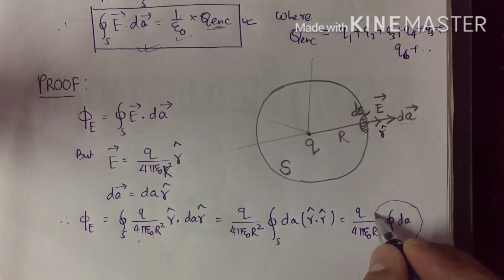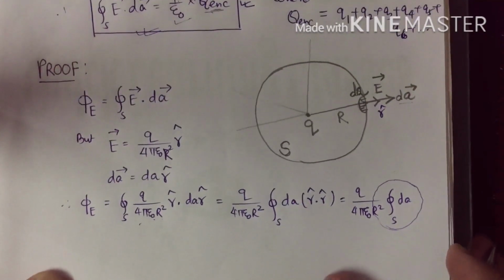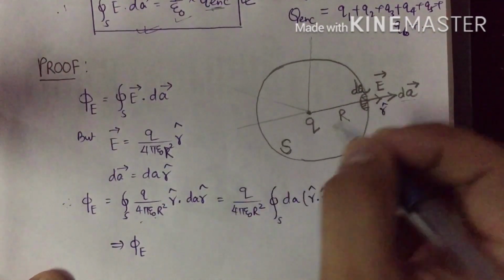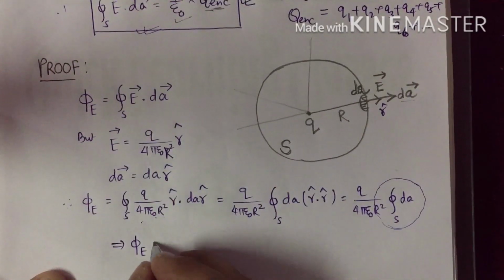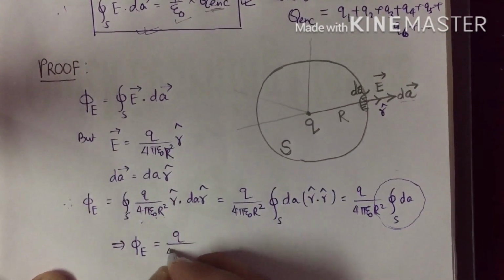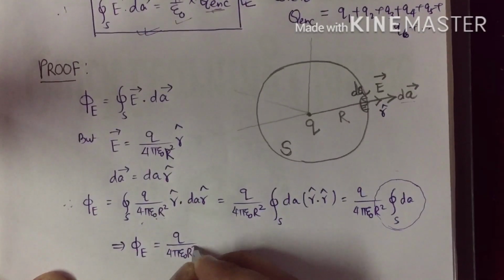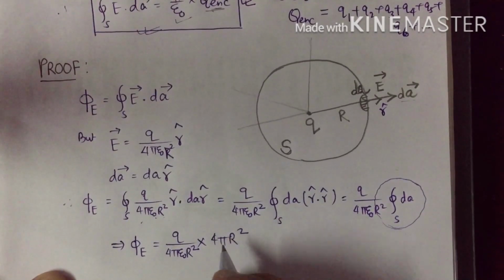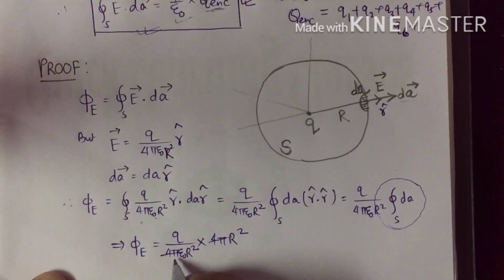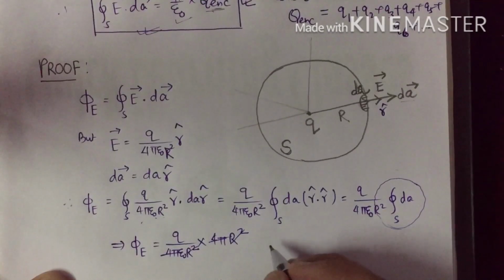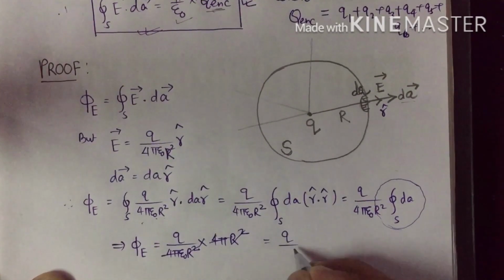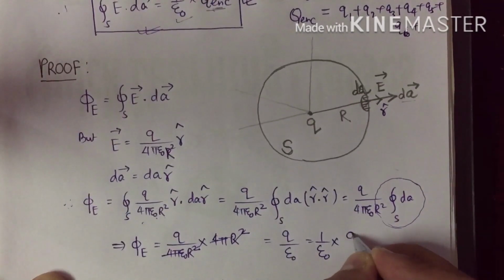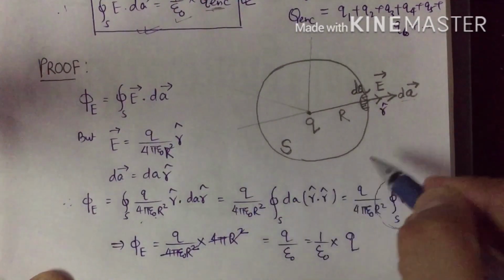Therefore the flux through this closed surface, that is a sphere, is given by q by 4 pi epsilon naught R square into 4 pi R square, which is the surface area of the sphere. 4 pi and 4 pi get cancelled, R square and R square get cancelled, and we get q by epsilon naught, or it can be written as 1 by epsilon naught times the total charge q which is enclosed by this surface.